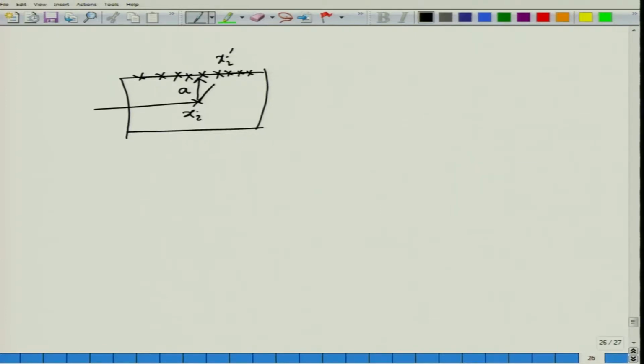Therefore, the vector which joins the source point xi prime and the field point xi is given by the square root of xi square plus a square. Because of this, I can go back to the potential calculation: the potential at any ith section, V of xi, which is equal to 1 volt, is given by 1 by 4 pi epsilon naught.